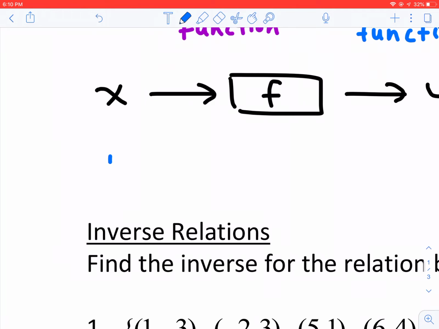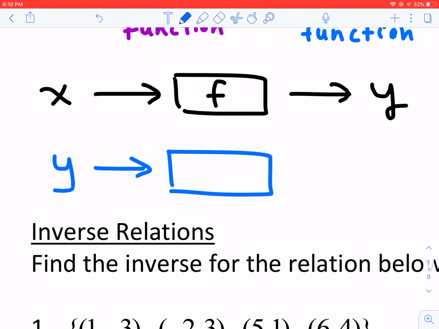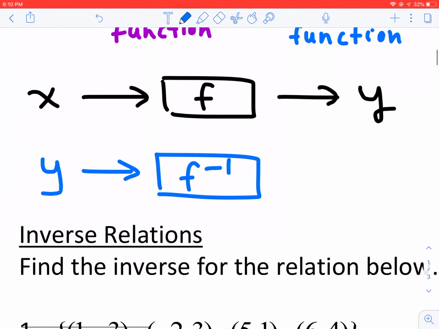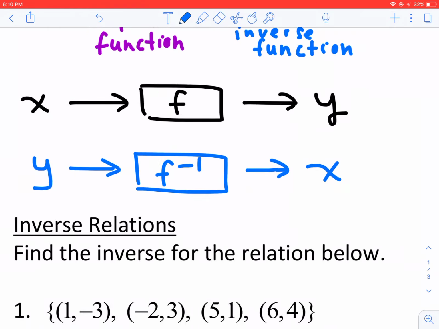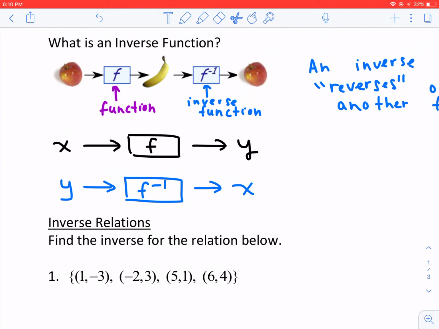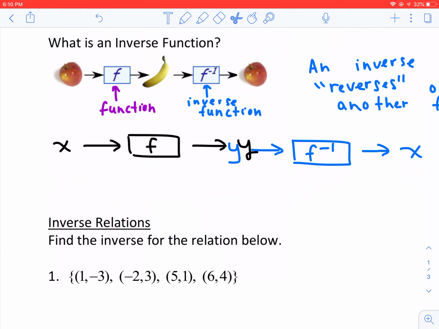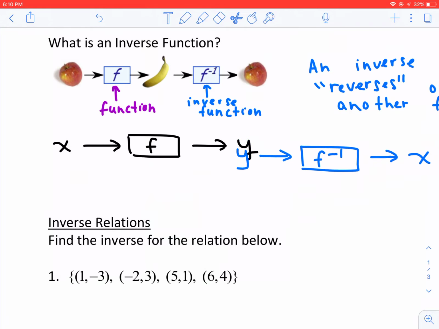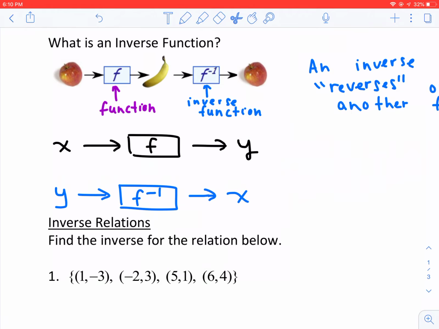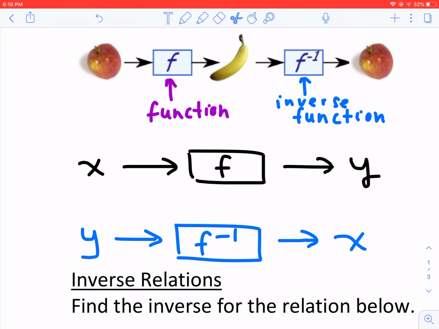So now if I take those outputs and I make them my inputs for this other function, which let's call the inverse function, well, if this is the inverse of function f, this will give me back the original inputs. So essentially it's the same thing as the apple and banana. I could have put it like this, make it all one line. That's exactly the same.